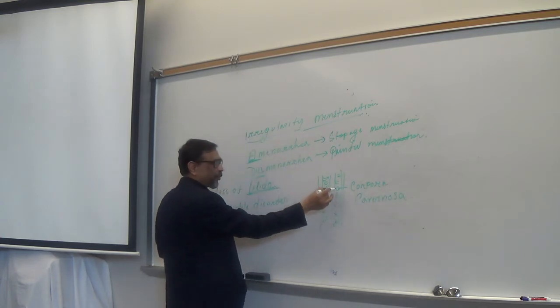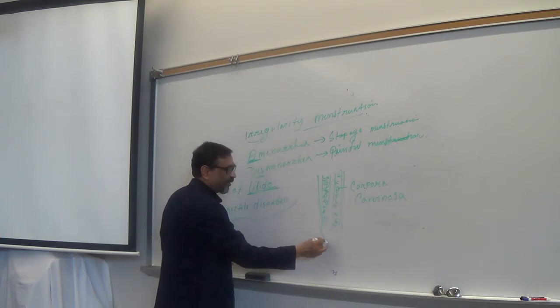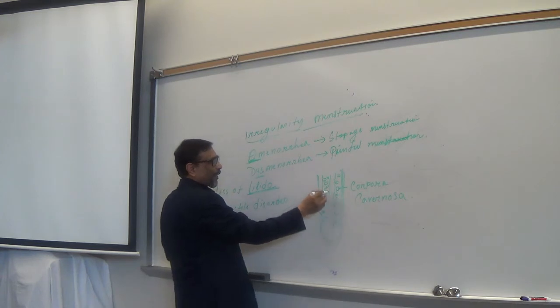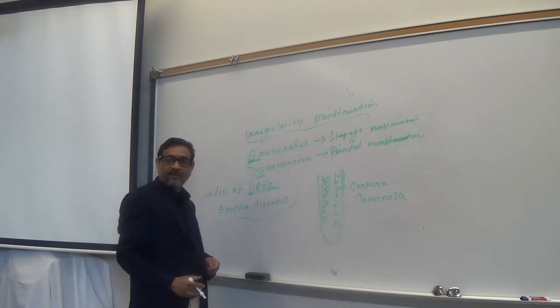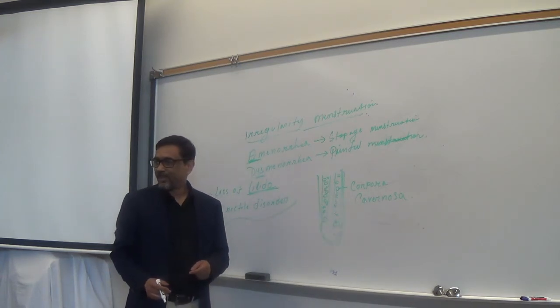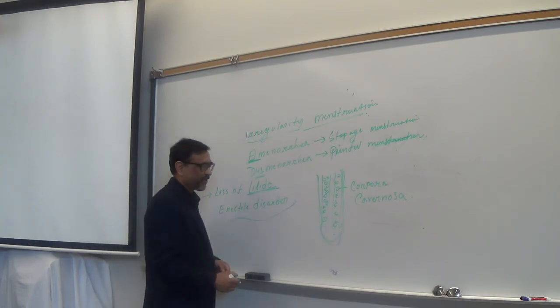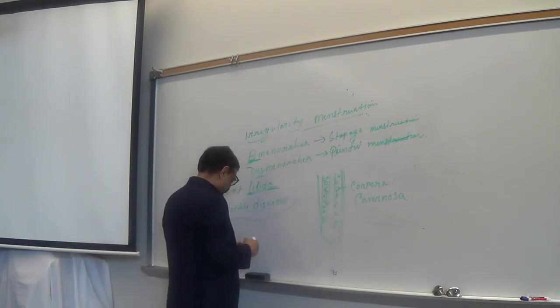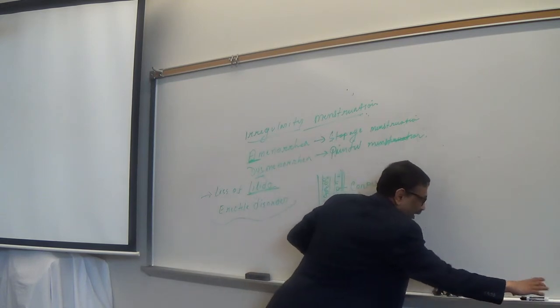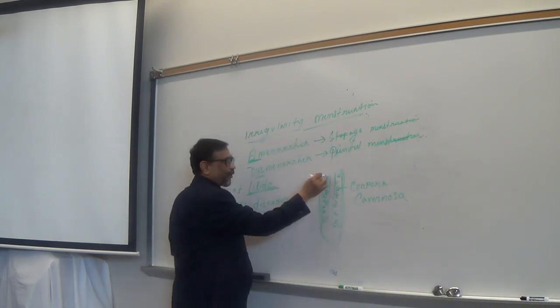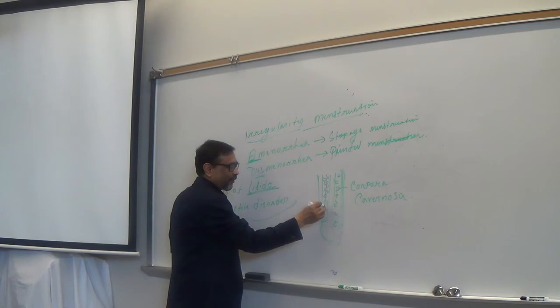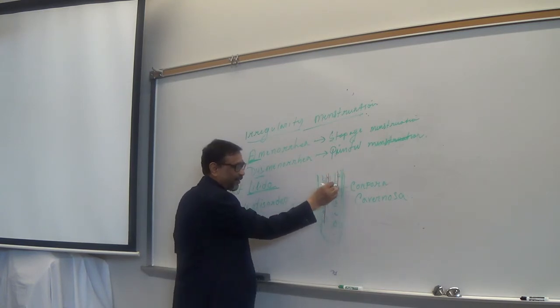So you have two corpora cavernosa inside the penis, okay? And these are called erectile tissues. Inside the corpora cavernosa, you have an artery called the deep artery. So an artery inside the erectile tissue.